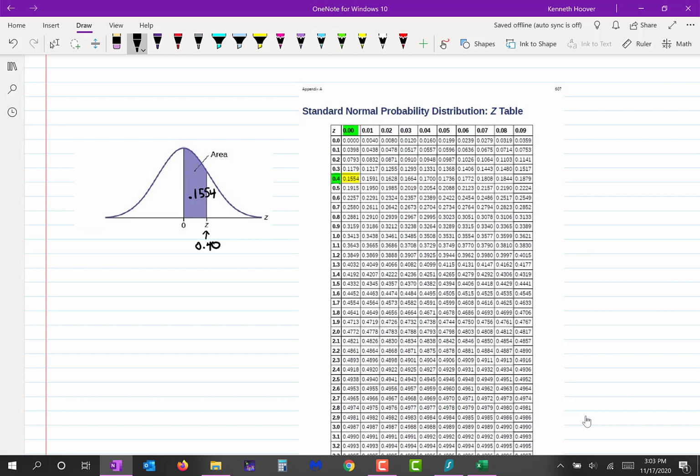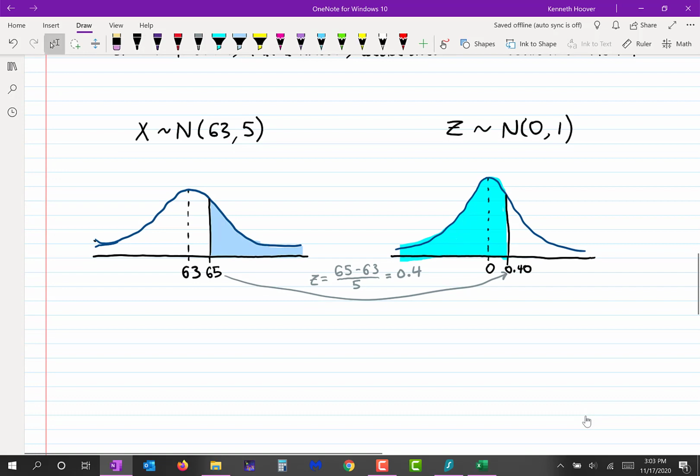Okay, so that means in our picture up here, right here, we have 0.1554. And we know that right here is 0.5. So that tells us the total area that I have shaded in bright blue over there is how much? 0.6554.